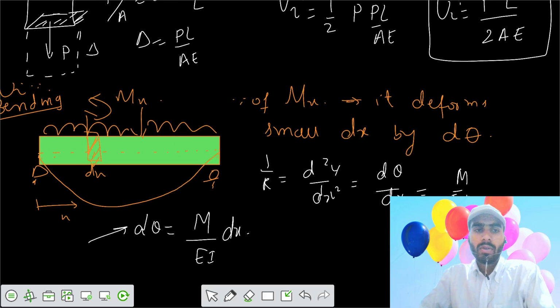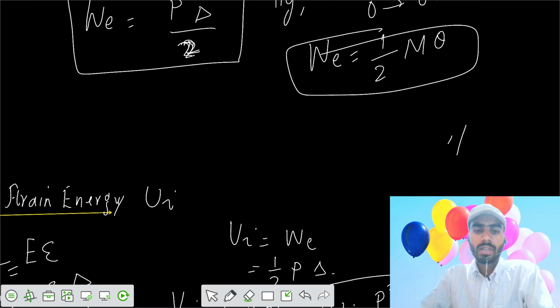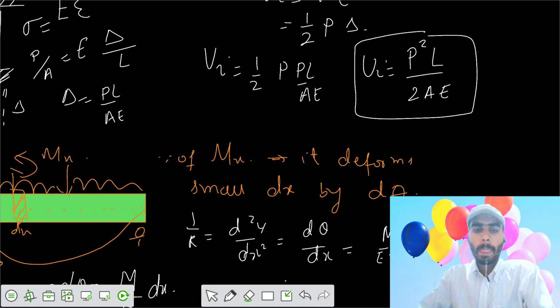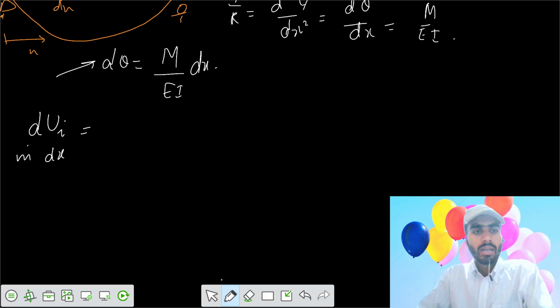But we know the external work done equals half of M theta. If we equate that with the internal strain energy, the small strain energy stored in the small differential element dx equals half of M into small d theta.